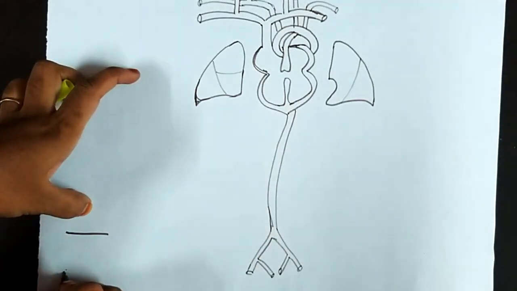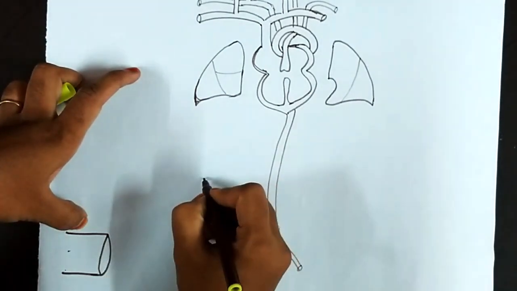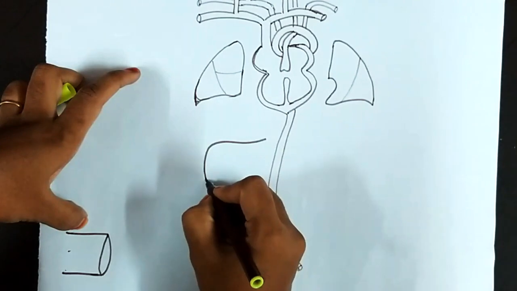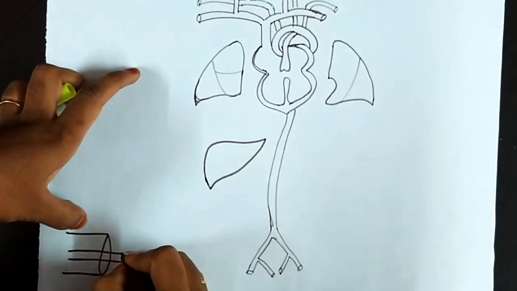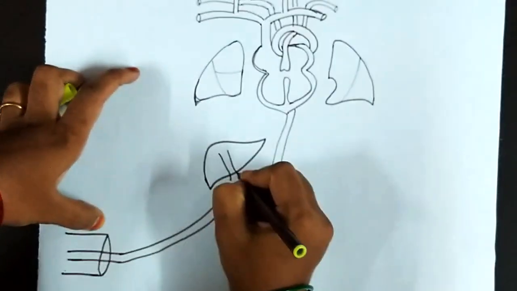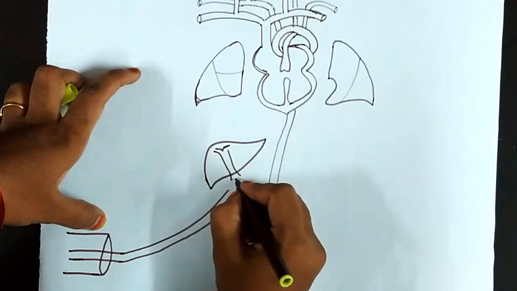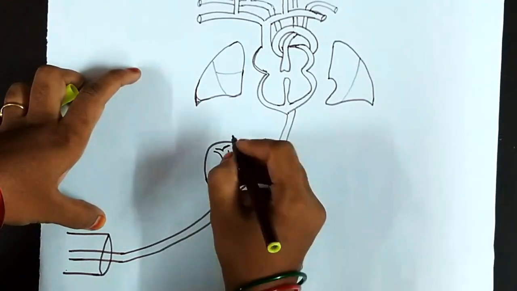So first, oxygenated blood comes from the umbilical cord. The oxygenated blood is coming through the umbilical vein. In the liver, this is the portal vein.